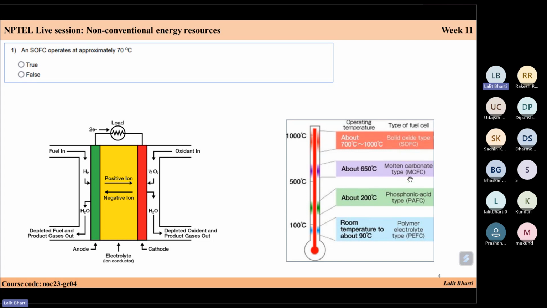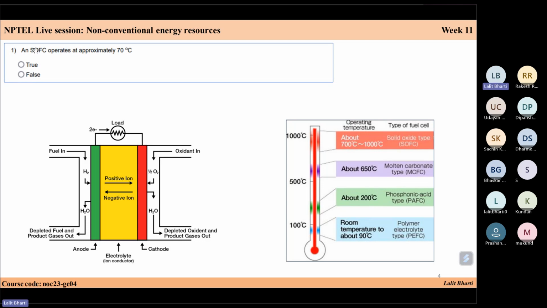Molten carbonate types are around 350 degrees Celsius. Phosphoric acid types are around 200. Polymer exchange types operate at about 90 degrees Celsius, the lowest temperature range.